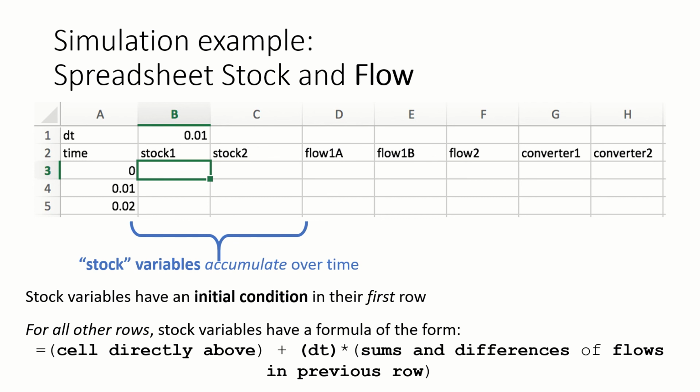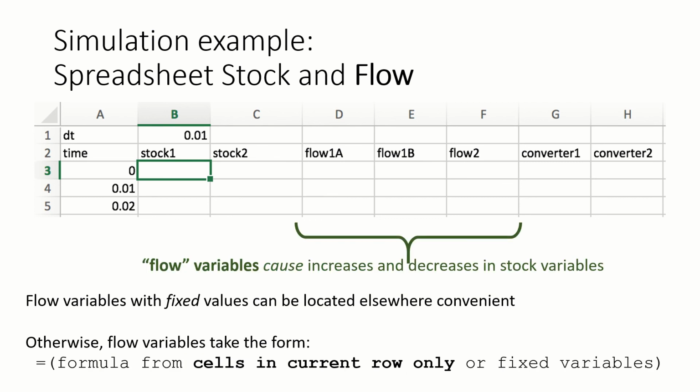So for this stock, I would find the flows that relate to it. In this case, there might be flow 1A and flow 1B. Then this stock is going to be the previous stock plus dt times, in parentheses, flow 1A plus flow 1B. And for stock 2, this cell would be the previous stock plus dt times flow 2. In this case, I only have one flow here.